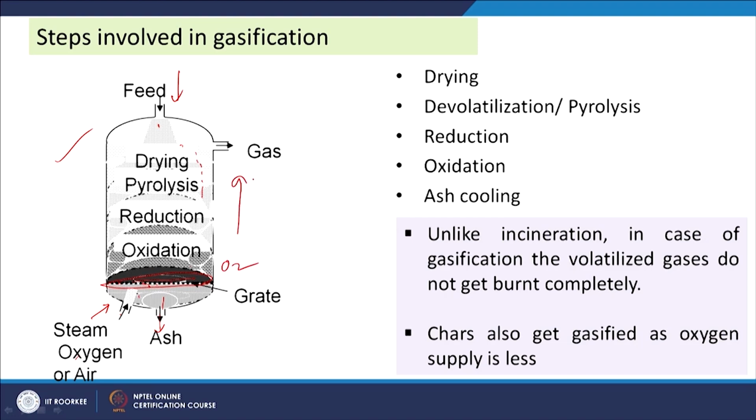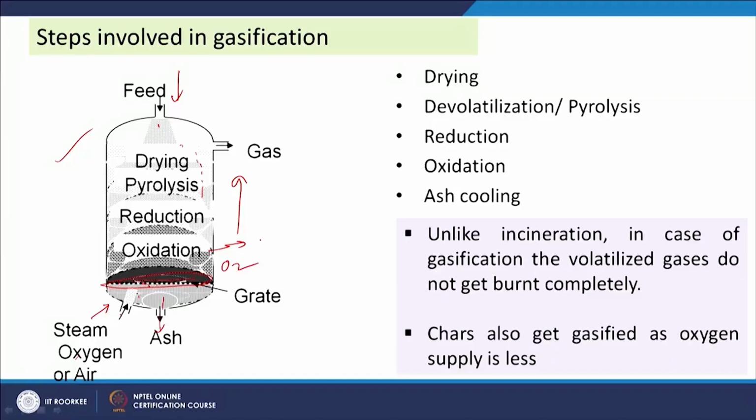As we go up, oxygen concentration reduces, so there will be less combustion and the temperature will also fall. So, the temperature is highest in the oxidation zone, and then the temperature is gradually reducing. Oxidation goes up to this point and then stops.